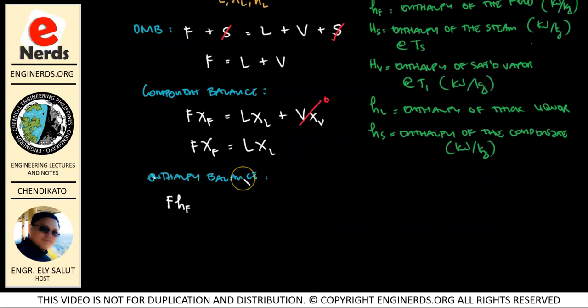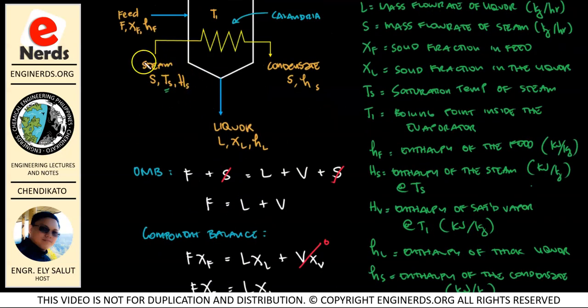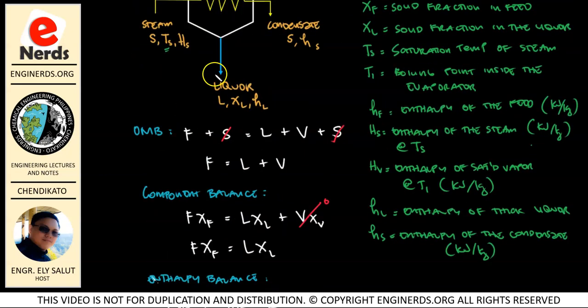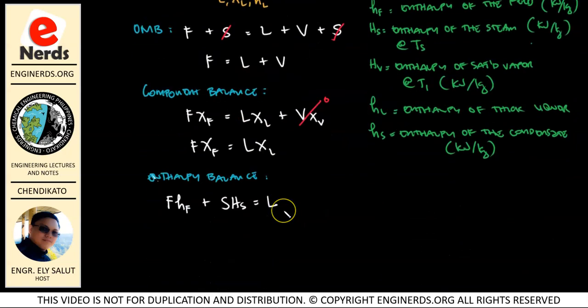So we're going to apply that. So again, enthalpy balance. So ito yung heat sa ating feed. So now let's going to get is yung isa pang stream na pumapasok, which is yung steam. So this is the steam and multiply to its enthalpy, which is HS. And this is equal to L multiply to the enthalpy dito sa ating L, which is HL, plus in our vapor.